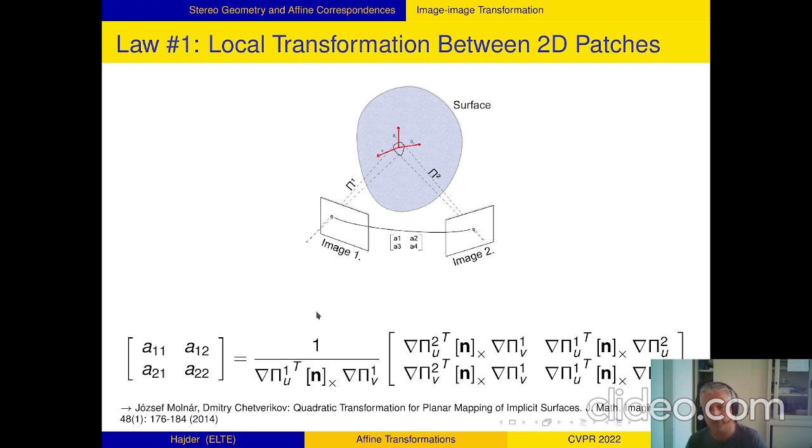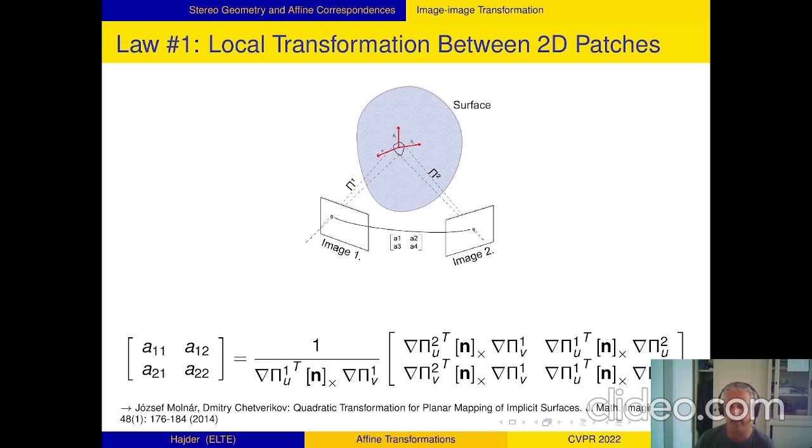This is the first law which connects the affine parameters, the linear part of the affine transformation, and the gradient of the projective functions are involved in these equations, and the parameters of the surface normals. So there is an equation which connects the four parameters of the linear affine transformations, and the gradients and the surface normals are used for determining the affine transformation.